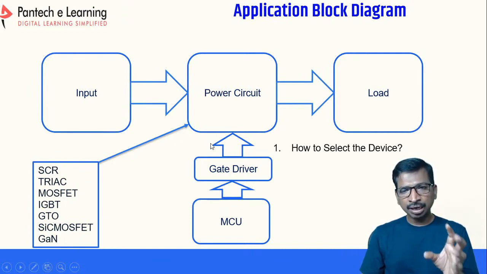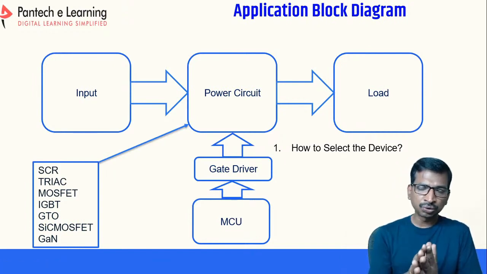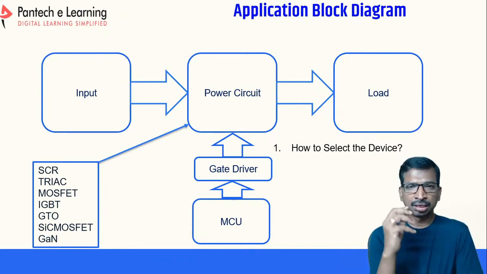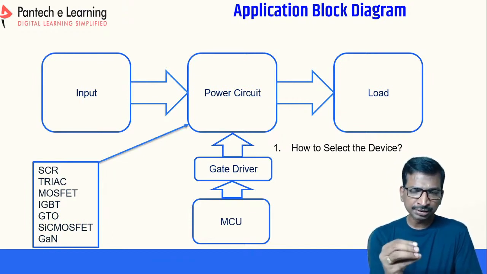Now you have to generate a PWM from the microcontroller. The PWM microcontroller is always a low power circuit. Can you tell me the approximate maximum current which can be drawn by the microcontroller peripherals?